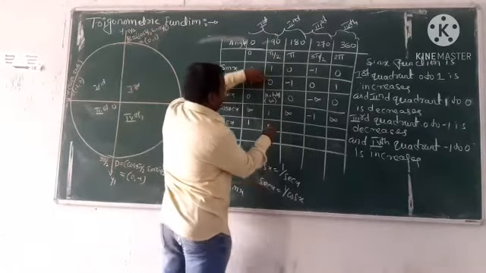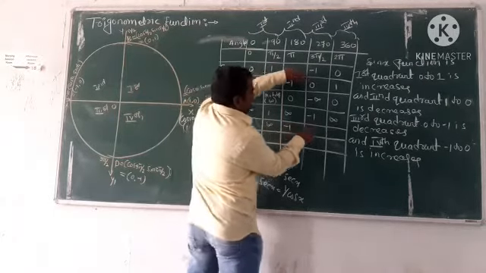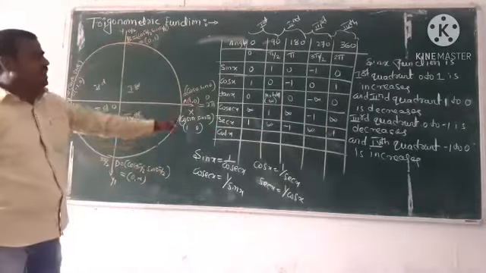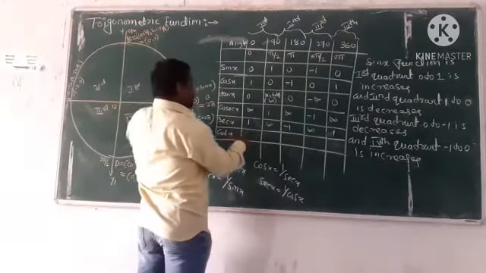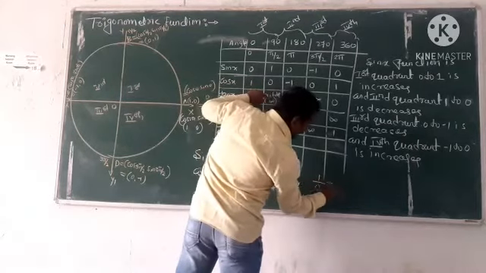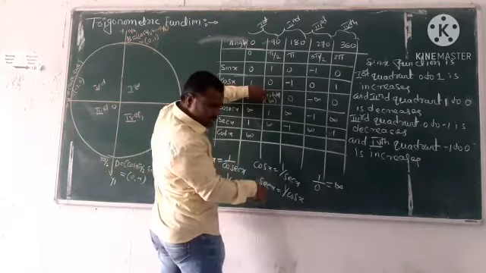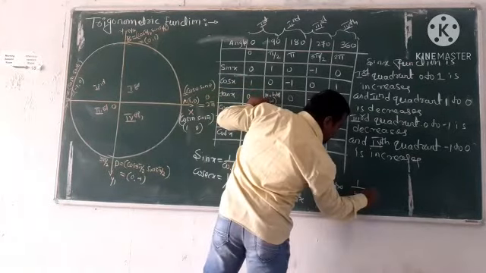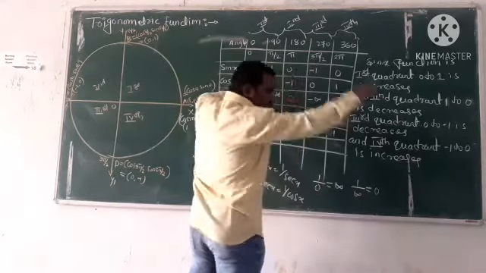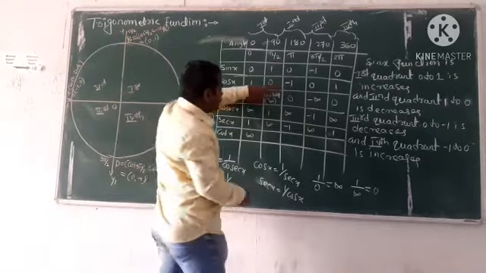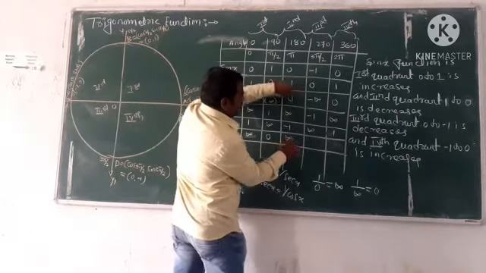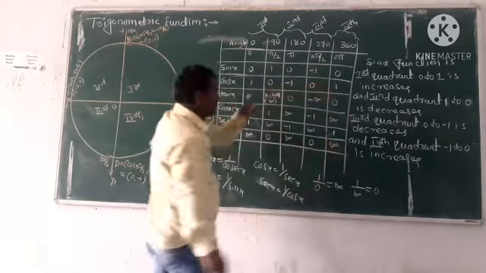So infinity, minus 1, infinity, here 1 only. It gives the complete unit circle mapping. Cot x is 1 by tan x: 1 by 0 is infinity, and 1 by infinity is 0. So here infinity, 0, infinity, 0, infinity.